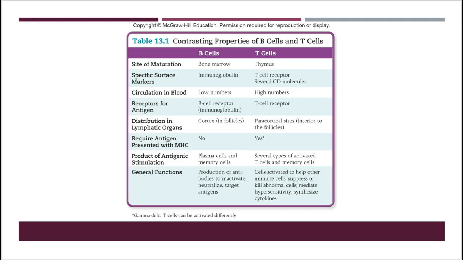They're also going to mediate hypersensitivity. So we have a number of microorganisms as well as antigens that can induce hypersensitivity. So T cells are going to help to mediate that, and then they are also responsible for synthesizing certain cytokines that initiate different parts of the inflammatory response.